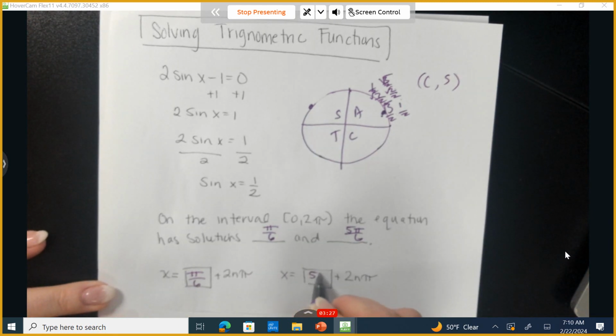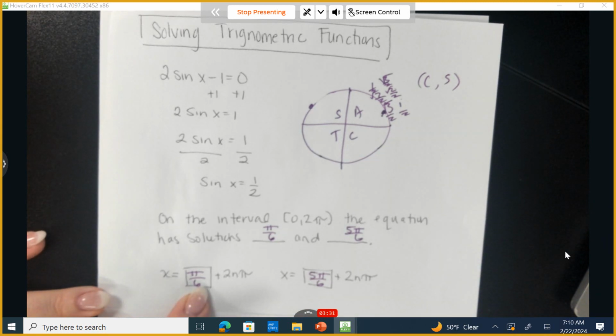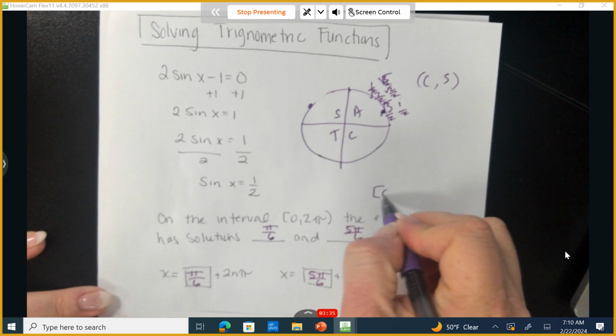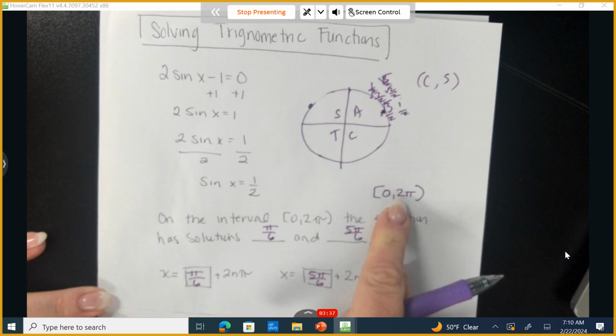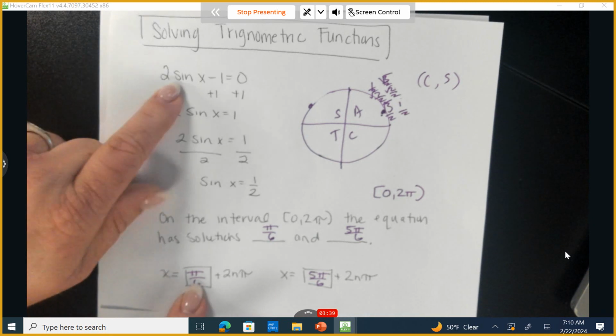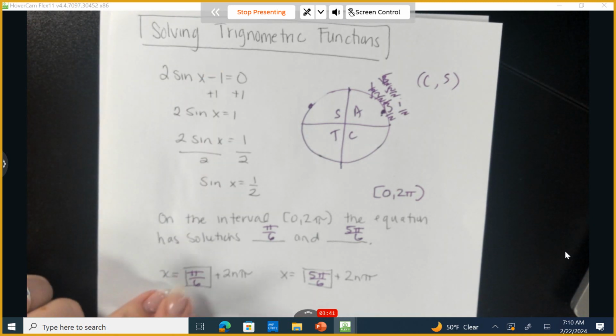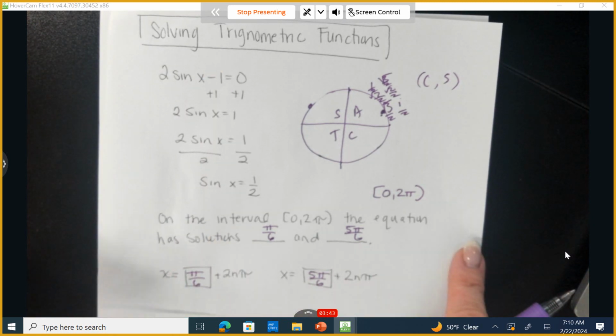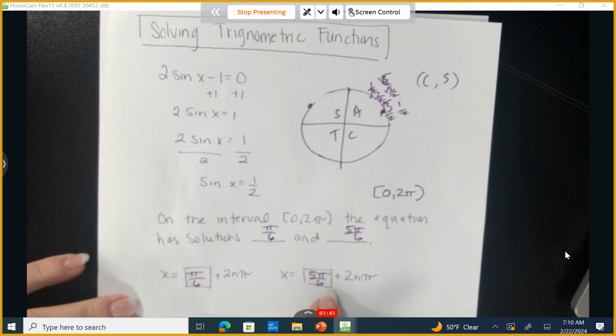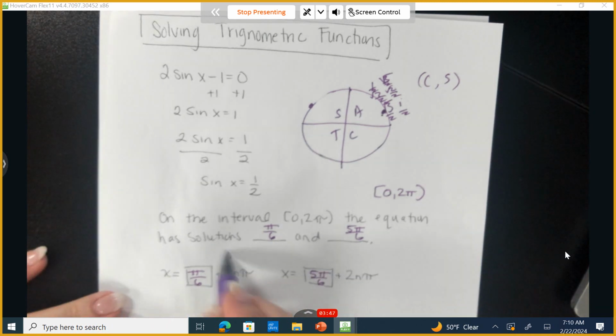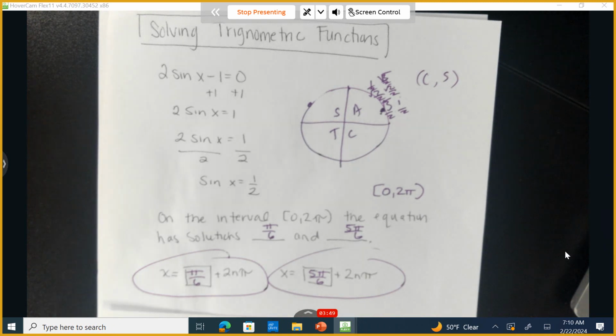I have the solution that occurs on the interval. This is the solution for this particular function. But we know the sine curve is ongoing, and so a general solution would look like this. I would like you to have these down because we're going to apply that when we talk about general rules.